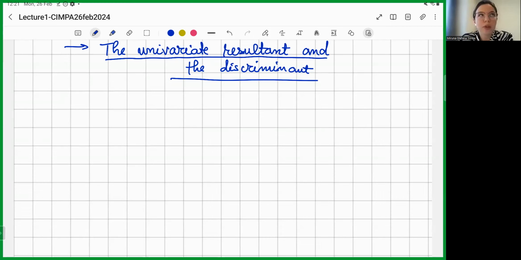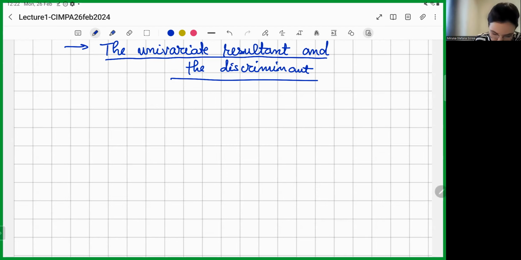So what's the goal of the resultants, or what do we want to do with this tool? In algebraic geometry, one often has to decide whether two polynomials have a common zero or common zeros. And the resultant helps us to read this from the coefficients of the polynomials. So we don't need to determine the zeros, but we can check that the two polynomials have common zeros just by looking at the coefficients of the two polynomials.